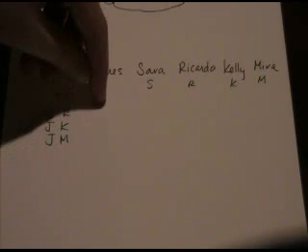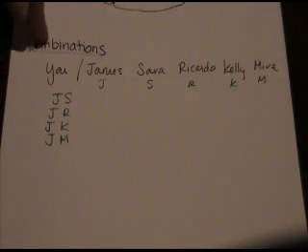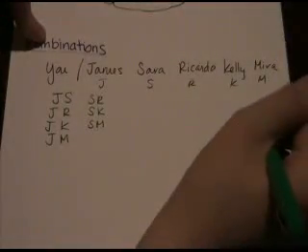So that would be a different order, which for combinations doesn't matter. So we'll start with Sarah, Ricardo. Then Sarah, Kelly, Sarah, Mira. For Ricardo, we have left Kelly and Mira, and then for Kelly, just Mira.